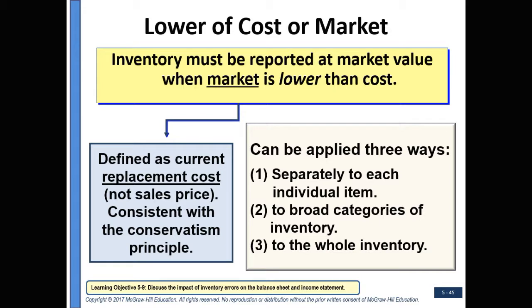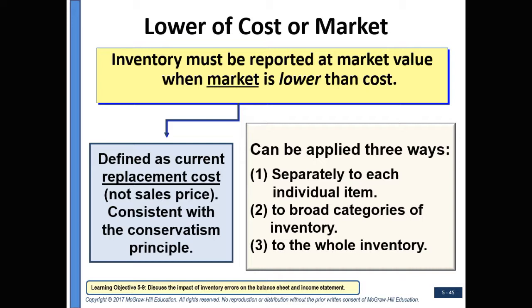It can be applied either separately to every item of inventory, so every different type of item you carry, or it can be applied to broad categories of inventories. So, for example, think about Walmart, and they have a lot of items.